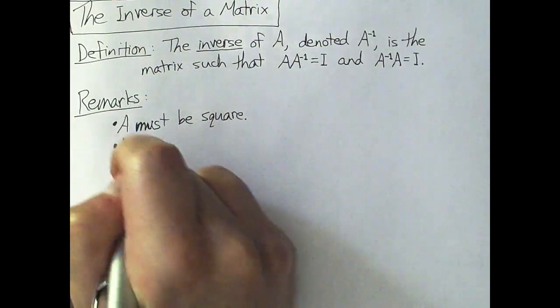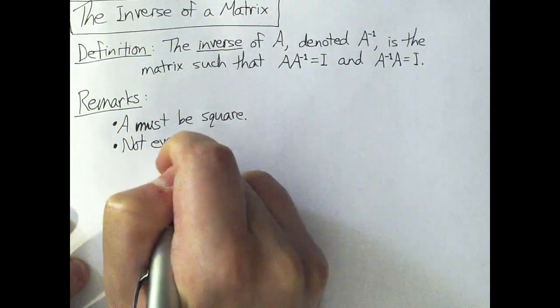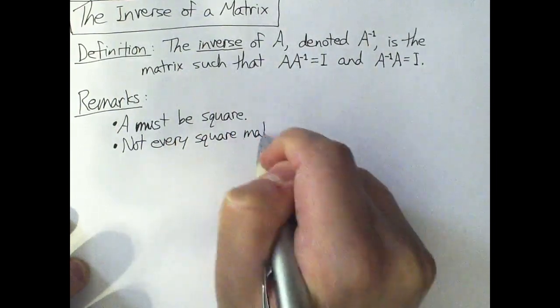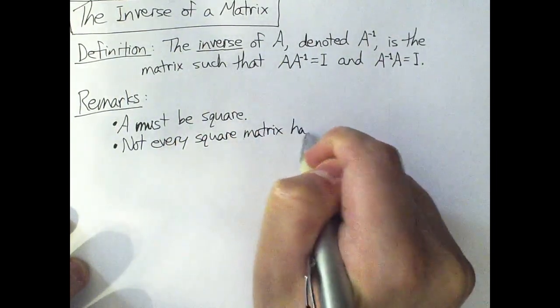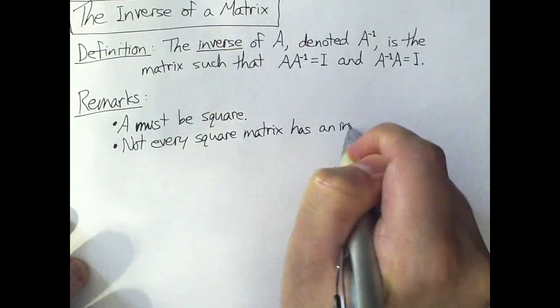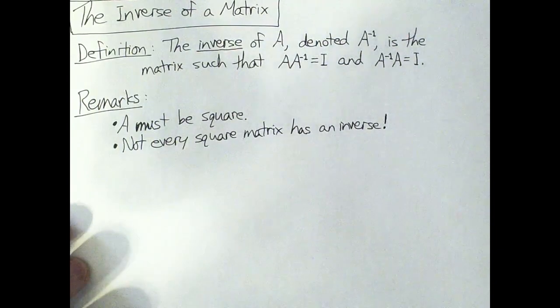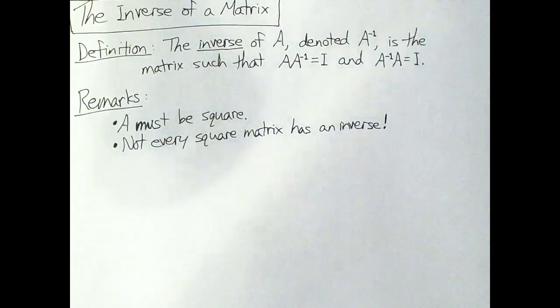Second remark, not every square matrix has an inverse. Exclamation point. Okay? Not every square matrix has an inverse. That's actually going to be one of our topics that comes up again and again, whether or not a matrix is invertible and what we can infer from that.